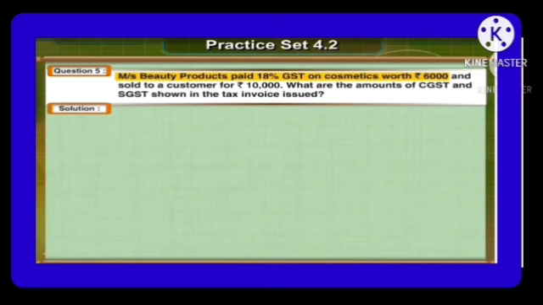Here we have the MS Beauty product paid 18% GST on cosmetic worth rupees 6,000. Therefore, the GST is equal to 18% of 6,000, which is equal to rupees 1,080. Now, here we see it is sold to a customer for rupees 10,000.